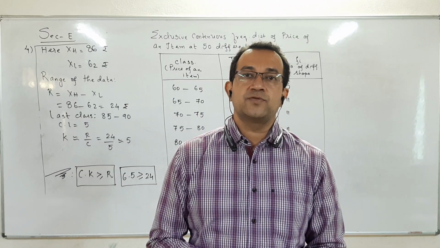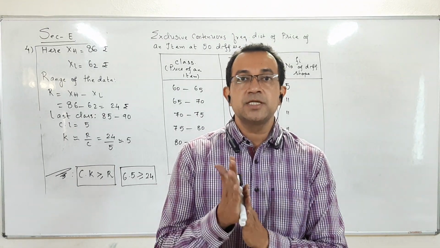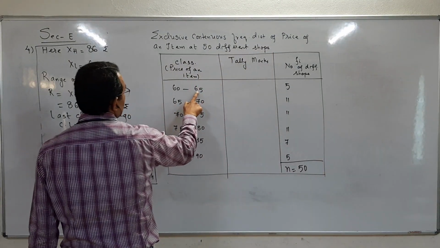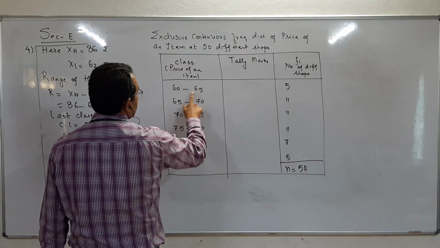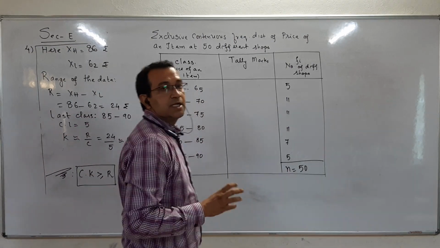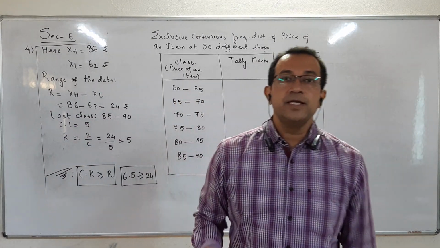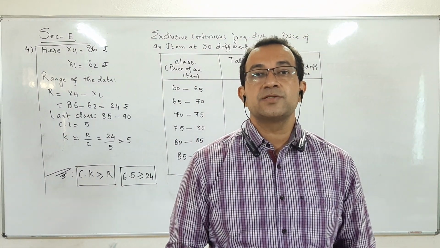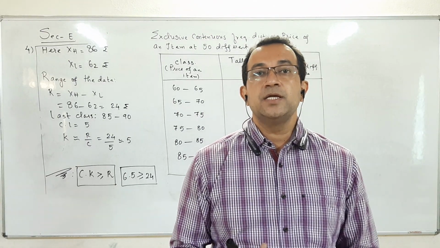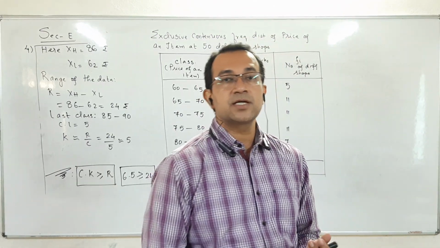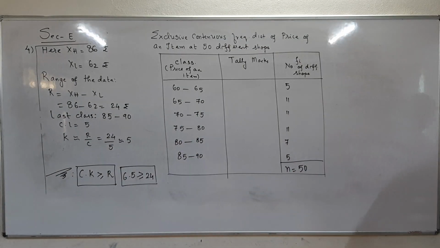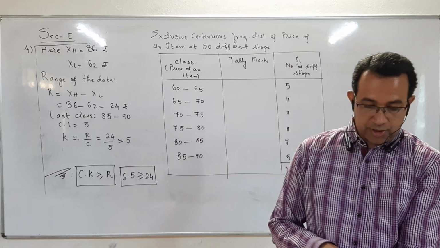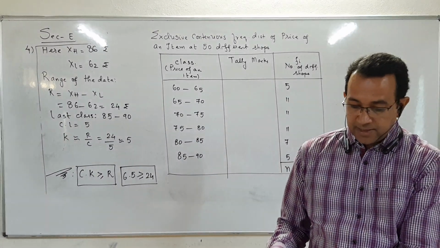So this is one of the most interesting concepts, because in exclusive, the upper limit of a class is included in the next class. In exclusive, the upper limit of a class is, students, always included in the next class.